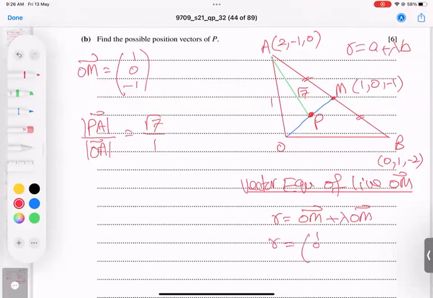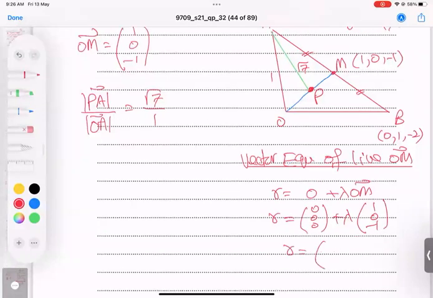OM is (1, 0, -1). Or I can use the origin also, because the line passes through the origin, so I take O, which means (0, 0, 0), and M coordinates (1, 0, -1).